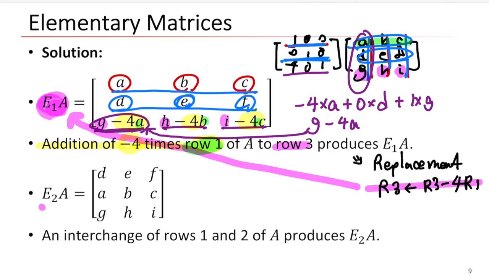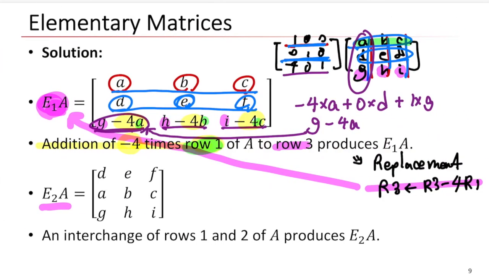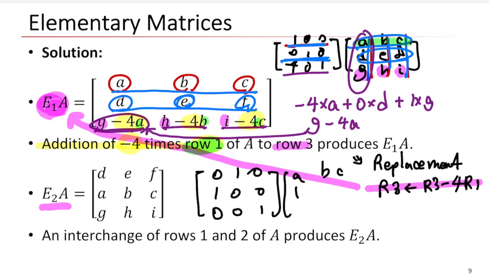What about this one? What was the E2? E2 was 0, 1, 0, 0, 1, 1, 0, 0, 1, with A, B, C, D, E, F, G, H, I. So this value is this one times this one.